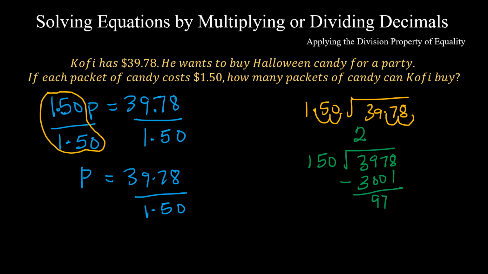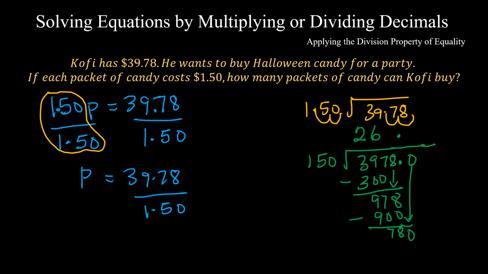You subtract that, you bring down your 8. Now 150 can go into 900, I think that's 6 times. So 150 times 6 is 900. We can subtract that, and then we have 78. Now we don't have enough for 150 to go into 78, so we start introducing a decimal. So now we have 0 in the tenths place here. We can bring that down, so we have 780 tenths now.